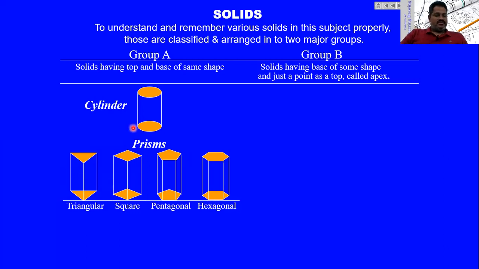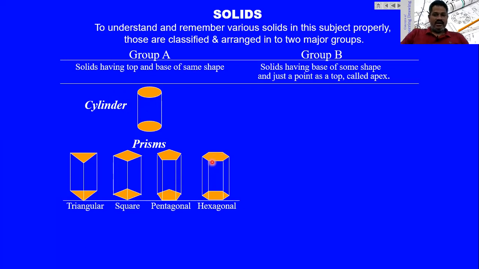That means the cross section is uniform along its axis. Throughout its length, the cross section is uniform in group A. In the first group of solids, the cross section is uniform. That means the top shape and the bottom shape are the same. As you can see, the cylinder, as well as the triangular prism, square prism, pentagonal prism and hexagonal prism.